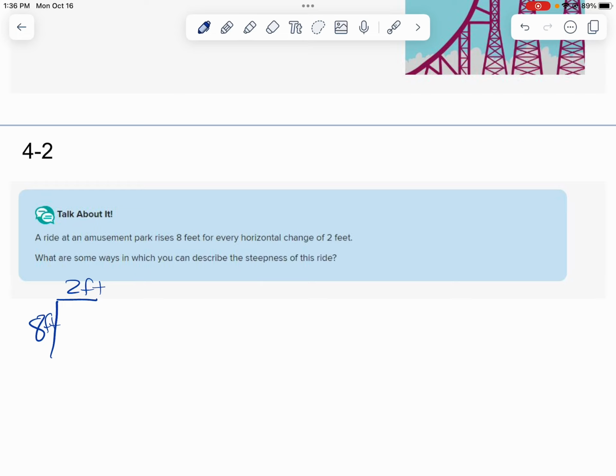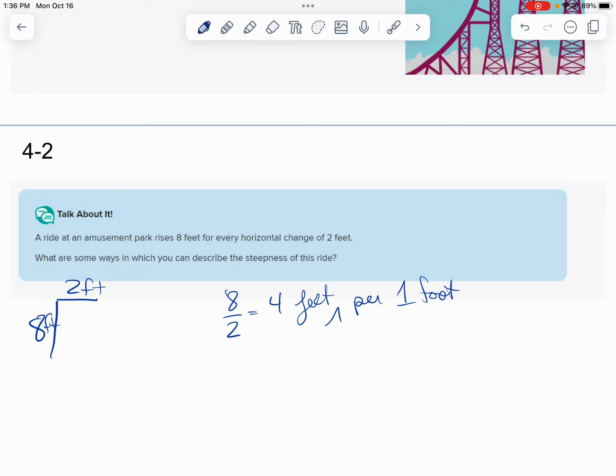What are some ways in which you can describe the steepness? Well, we can do a unit rate. So that would be 4 feet per 1 foot.